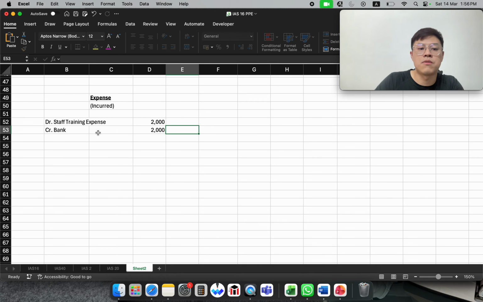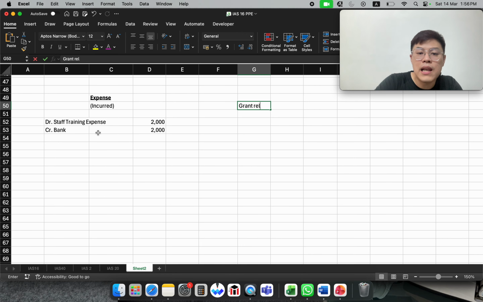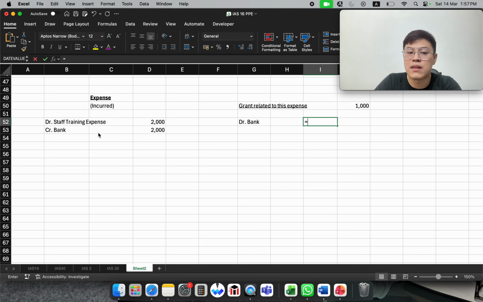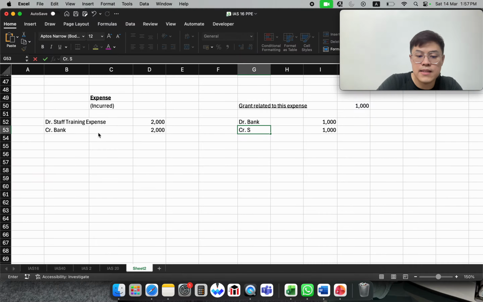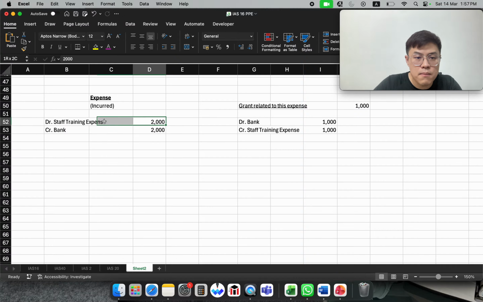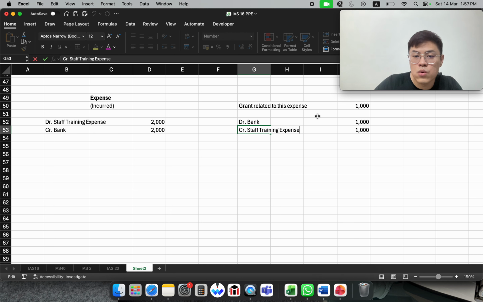The grant related to this expense, for example, is 1,000. I need to debit my bank because I receive money 1,000, and I can credit staff training expense to offset my expenses, or you can actually credit into other income. So you can choose whichever you want.